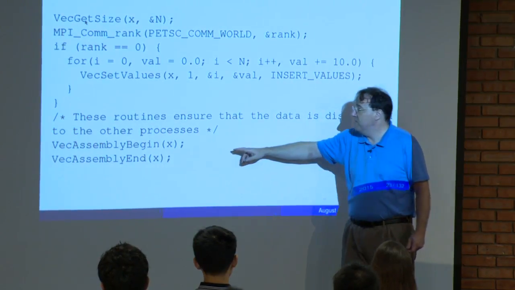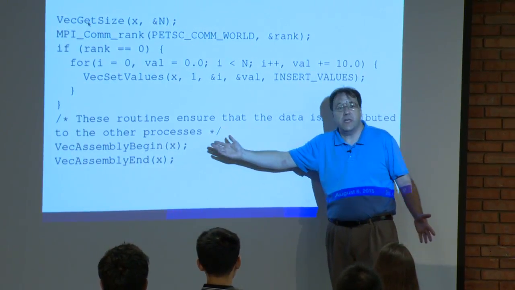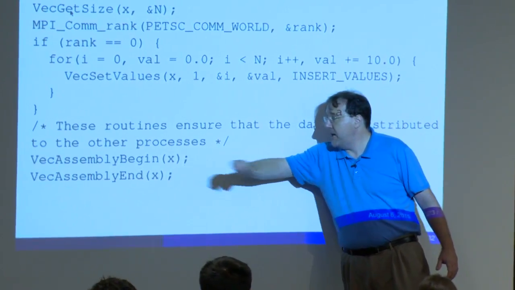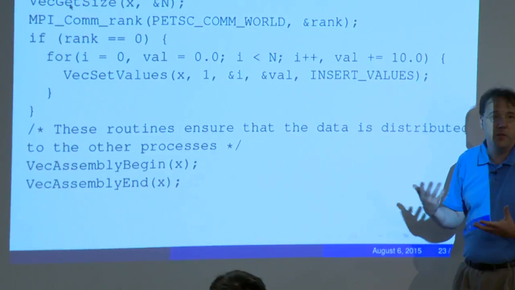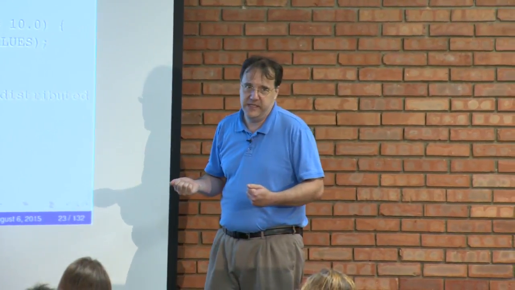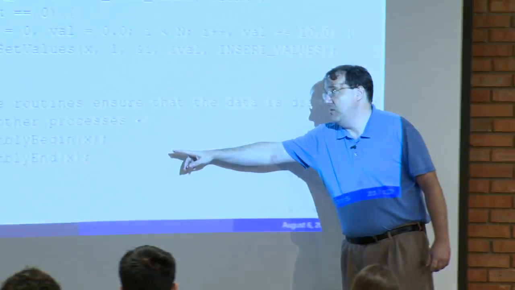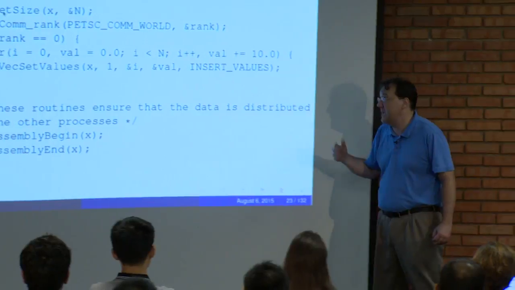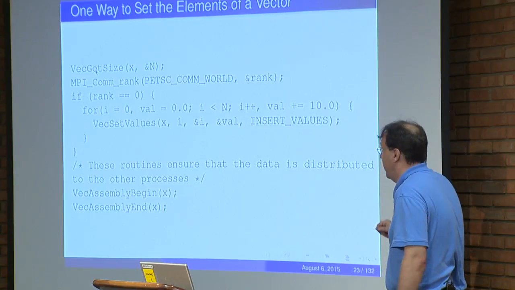And in theory, if you have some other object, some other calculation you need to do that doesn't have anything to do with this vector, you can pop it in there, and you can get overlap of communication and computation. It's mostly a theoretical argument, to be honest. Most of the time, we just do this, because generally there's not something that can be done outside of it. We just have that flexibility.